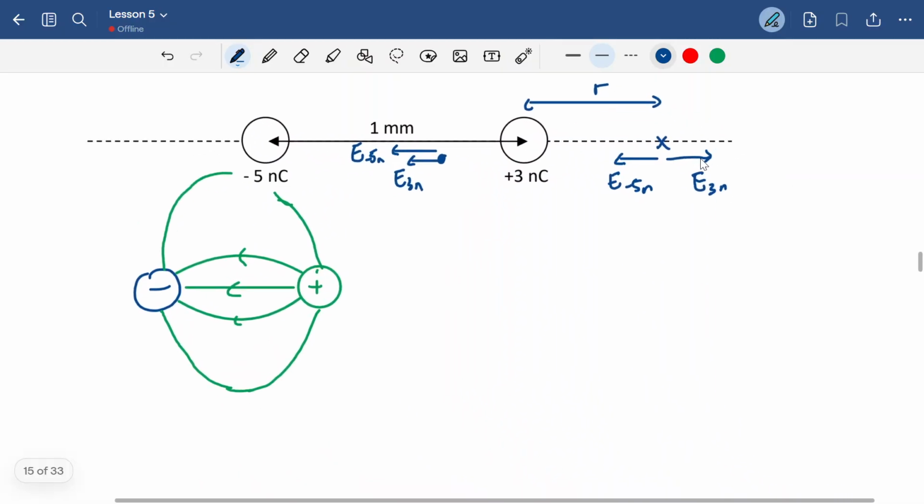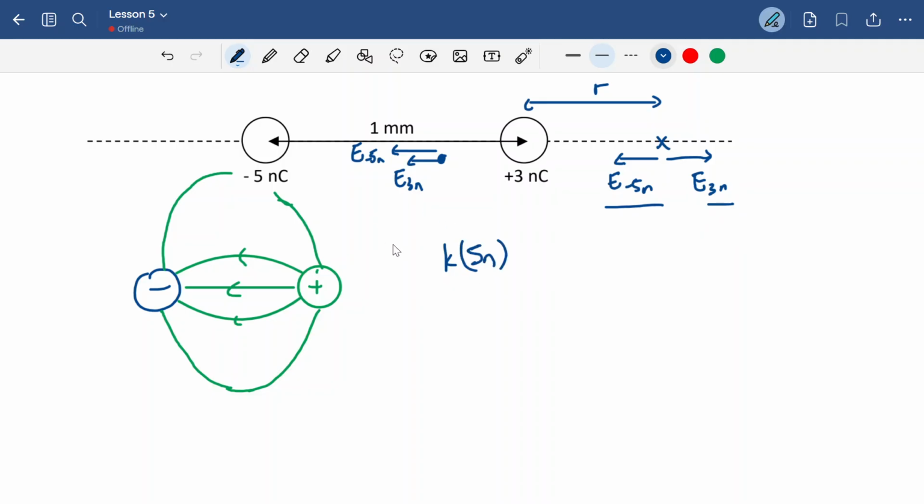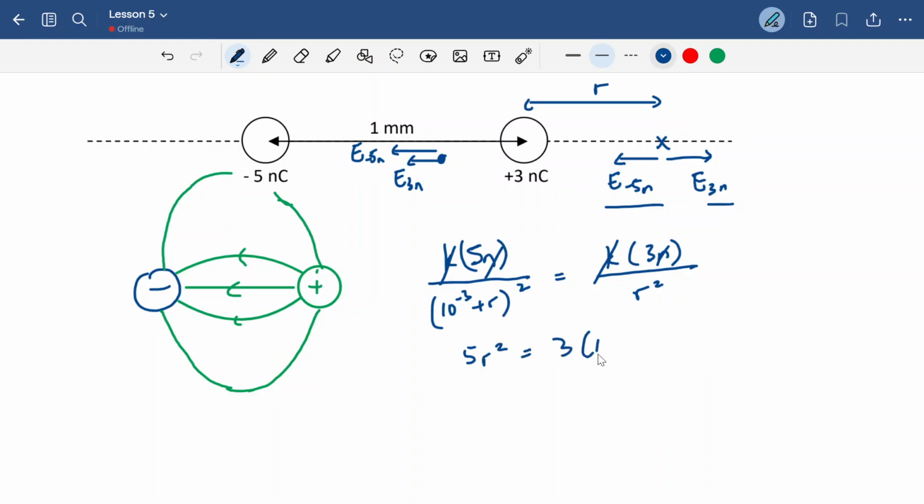For this case, because the electric field is 0, kQ, again, we are dealing with field, so we can ignore the negative sign, 5 nano over (10^-3 + r)^2 equals k 3 nano over r^2. Just remove the k, remove the nano. 5r^2 equals 3(10^-3 + r)^2.